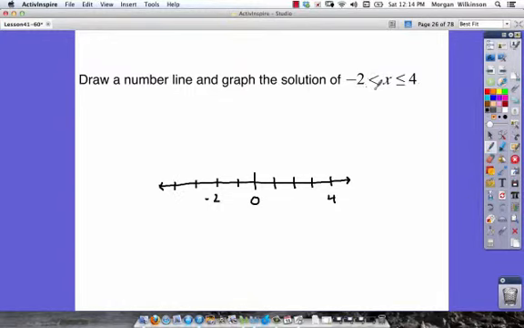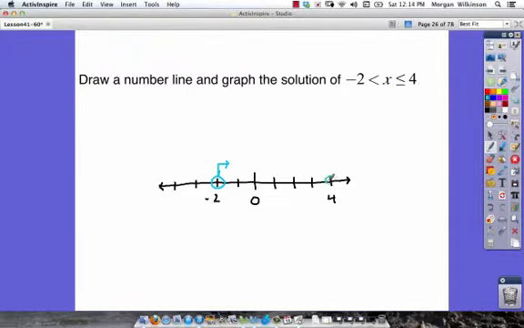Now we know -2 is less than x. If -2 is less than x, we're going to have an open circle because it's only less than. -2 is less than x, that means x must be somewhere over here, so we're going to the right. And then x is less than or equal to 4.